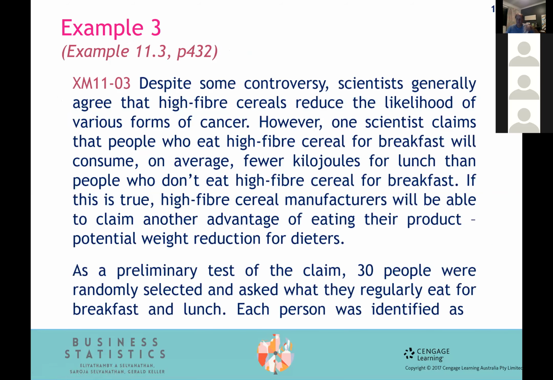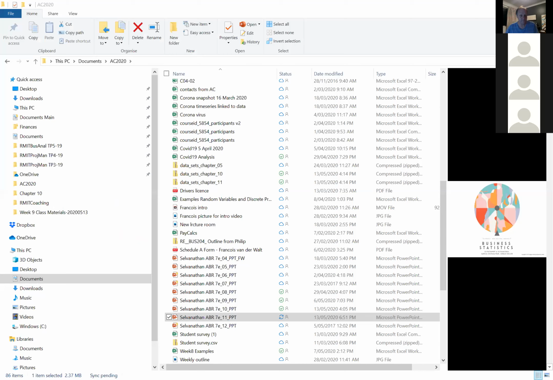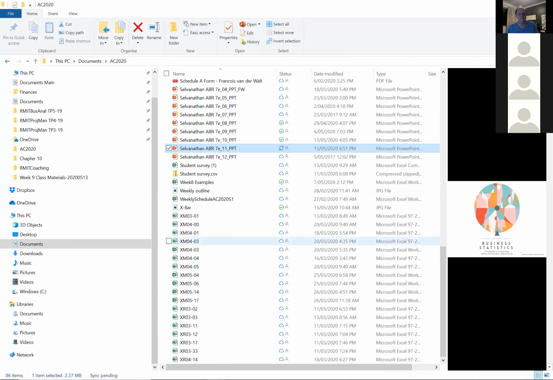Okay, XM1103. Let's go and look at that, shall we? Do you want to open that on your computers? Come on.